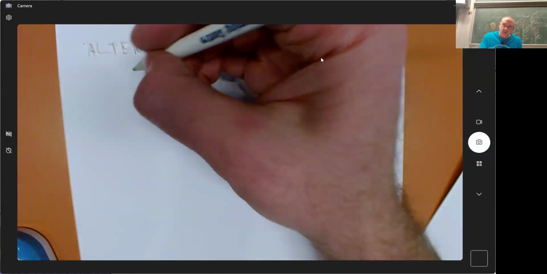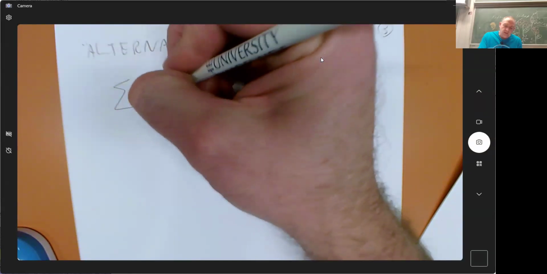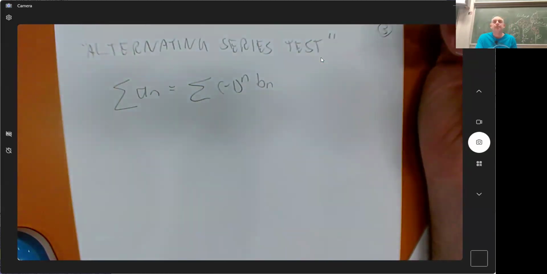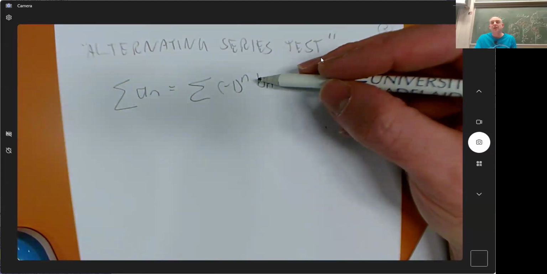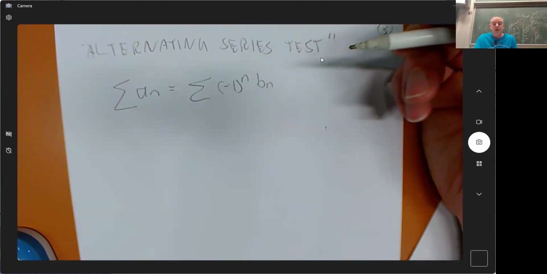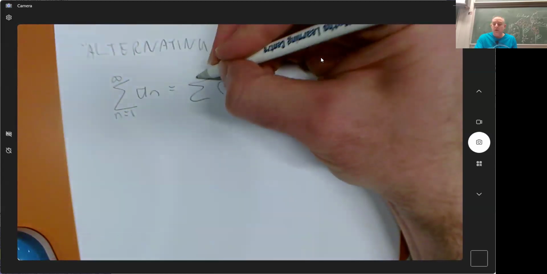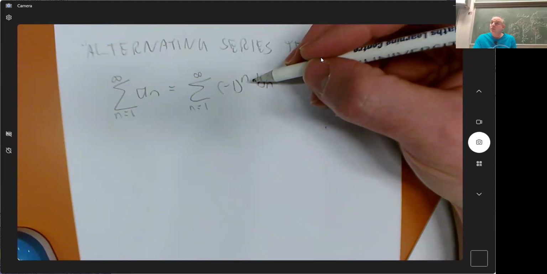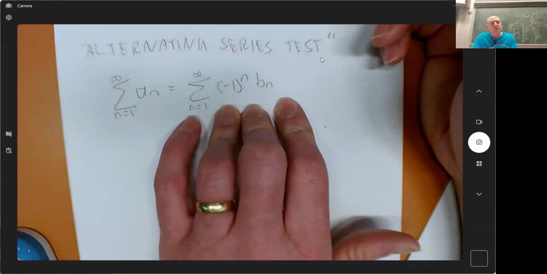So in an alternating series, it'll actually be minus 1 to the n times something. So somewhere in that a to the n, there will be a minus 1 to the power of n. And what that will mean is that the terms switch back and forth between positive and negative, because minus 1 to an odd number will be -1, and minus 1 to an even number will be +1. And so it has to be able to be written this way.